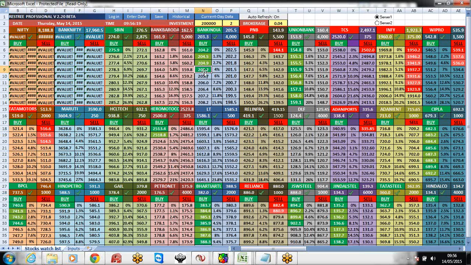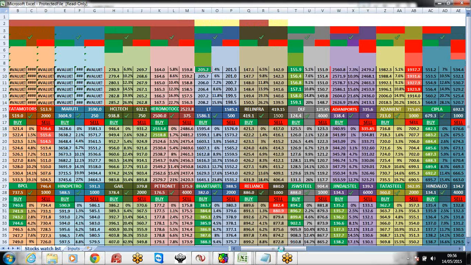So Bank of India, we have seen this buy call here. It's already done its intermediate targets.